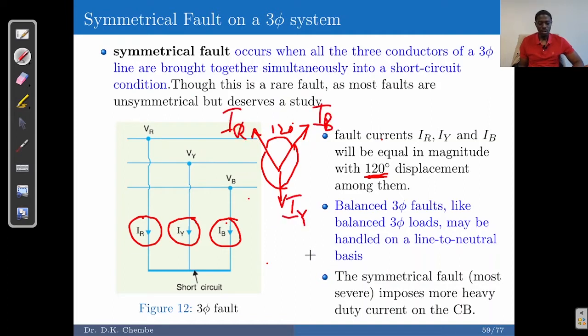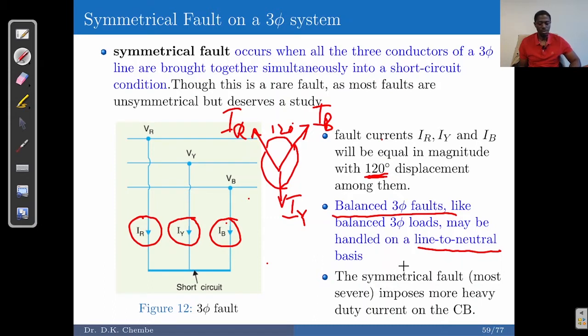Then also you must understand that since we are dealing with a balanced three-phase fault system, which has equal angles of displacement, we can handle this situation by calculating simply on a phase or a line-to-neutral basis.